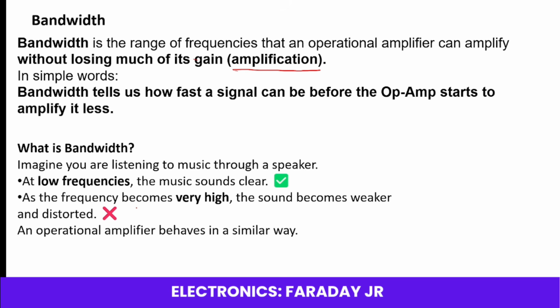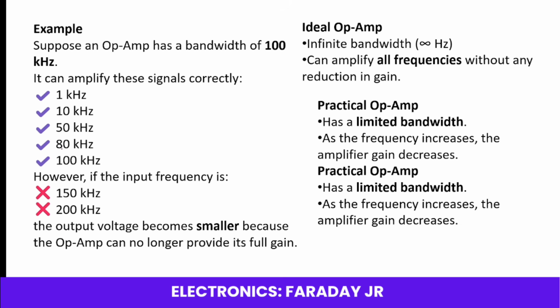An operational amplifier behaves in a similar way to this example. Suppose an op-amp has a bandwidth of 100 kilohertz. The maximum frequency the system can amplify is 100 kilohertz.